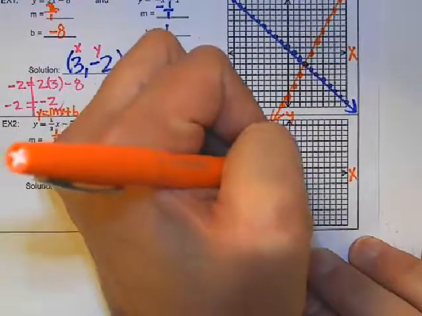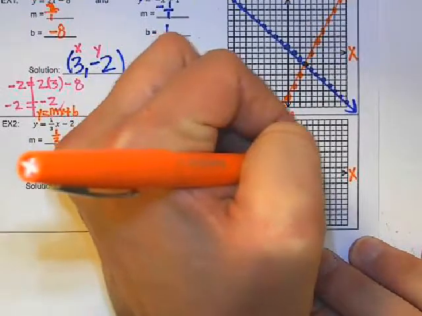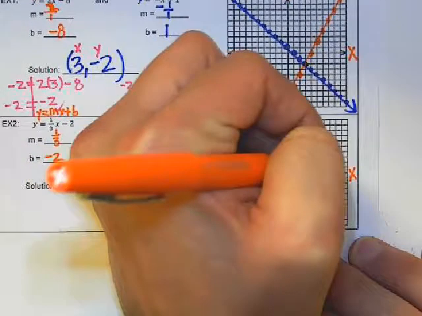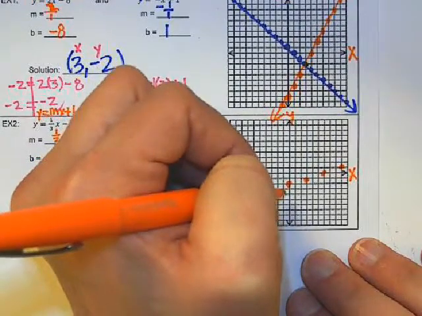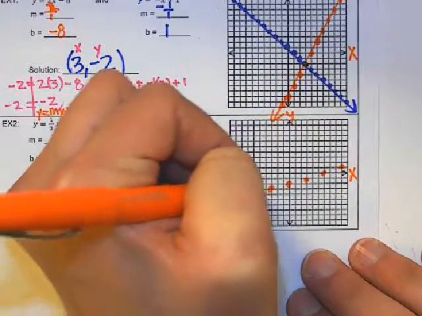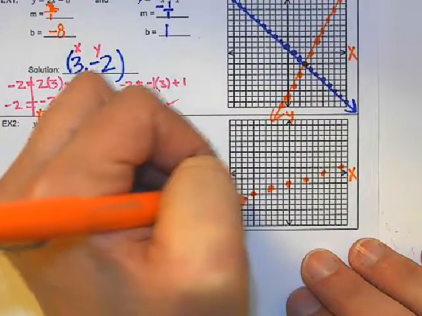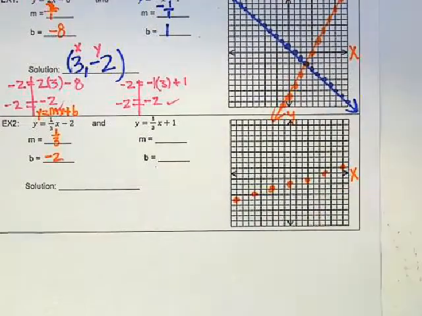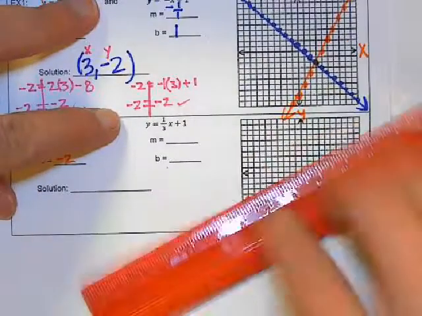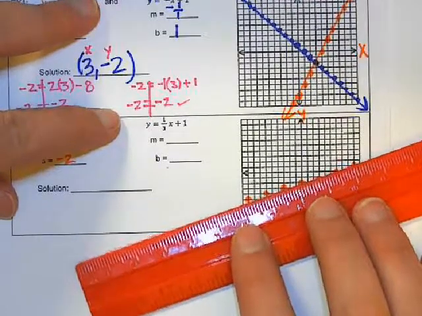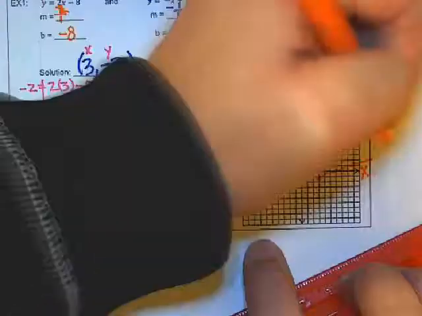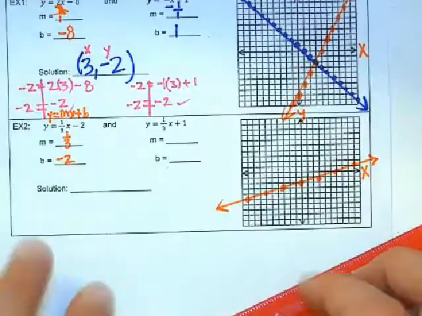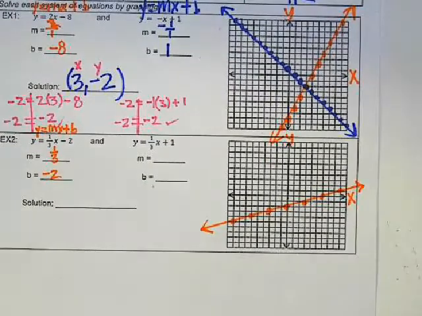Up 1, right 3, up 1, right 3. And draw your line. Okay. Everybody got their line on there.